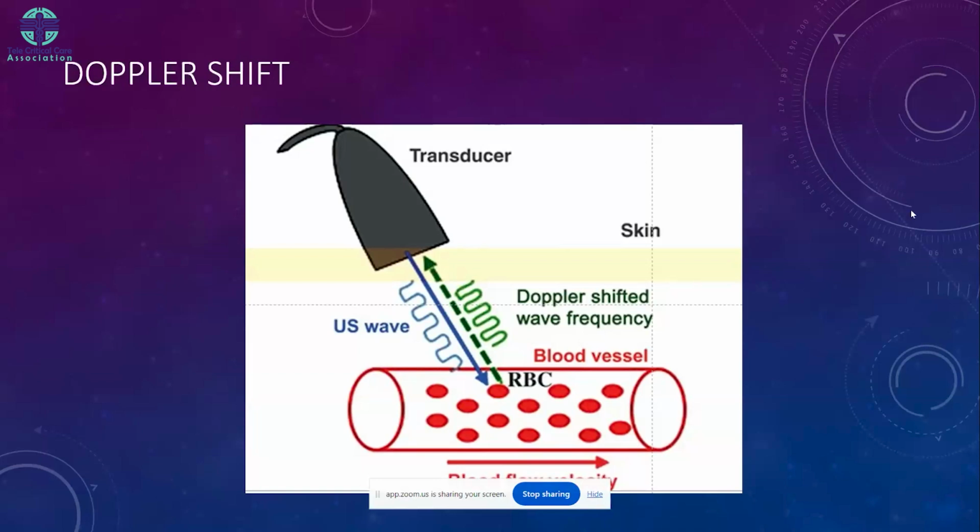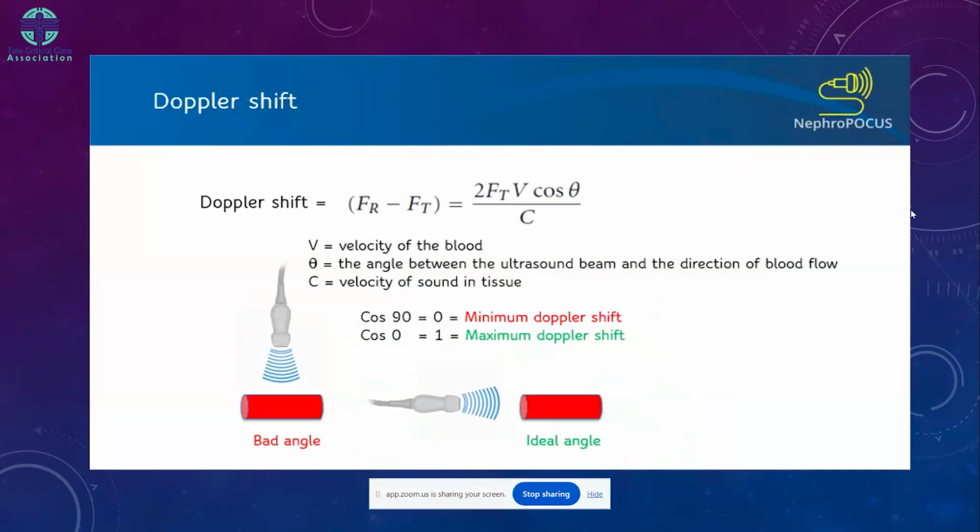But because they are dynamic, they are moving in a particular direction, the Doppler shift happens because the wave frequency alters with time. The Doppler shift is calculated based on the transmitted frequency and the received frequency. It is the difference between the two, and it is dependent on the velocity of the blood, the angle between the ultrasound beam and the direction of the blood flow, and the velocity of sound in that particular tissue.